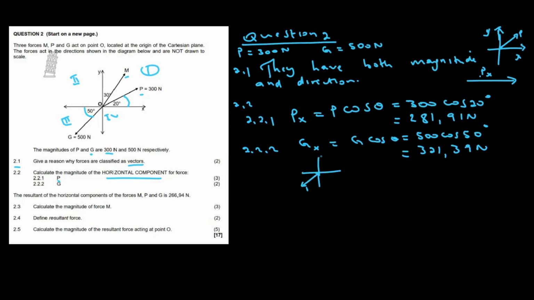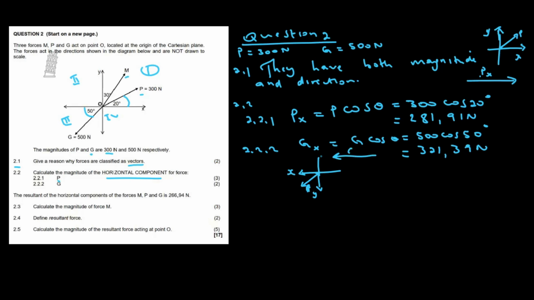This is vector G. What do we know about the third quadrant? We know that X is to the left and Y is downwards in the third quadrant. So if I'm calculating G in X, that's going to be to the left. Why am I calling this P? It's G in X. Oh my God. Sorry about that.